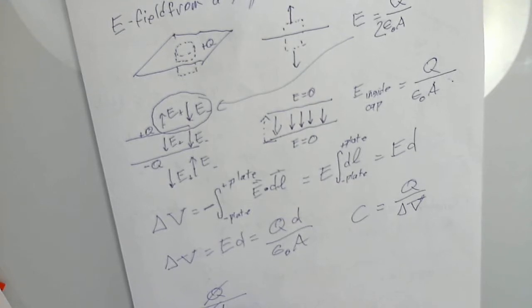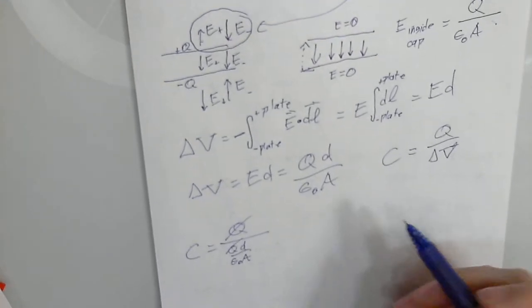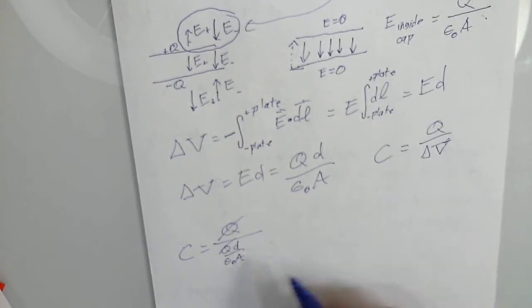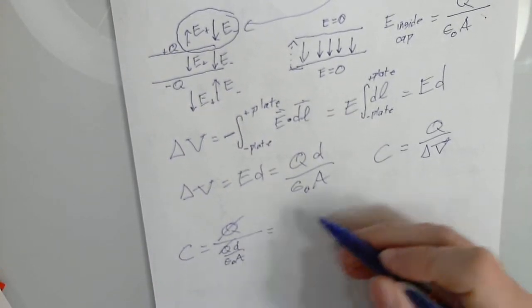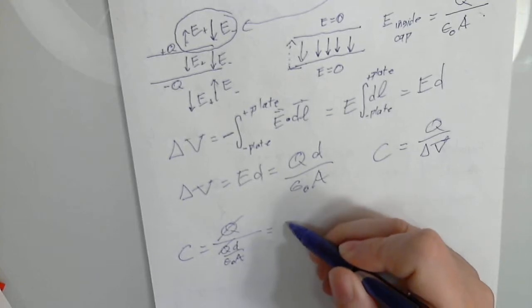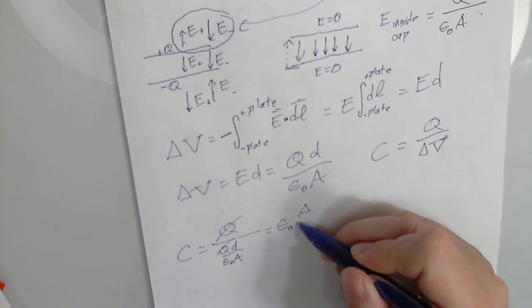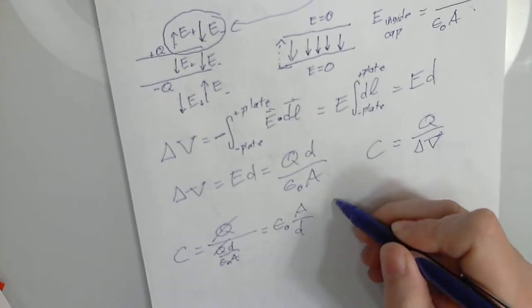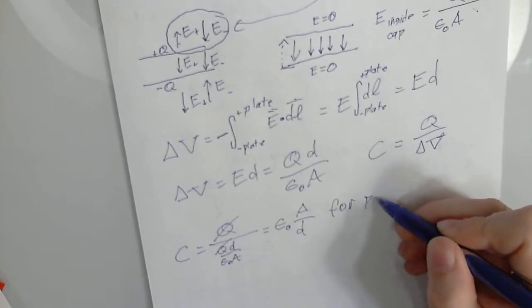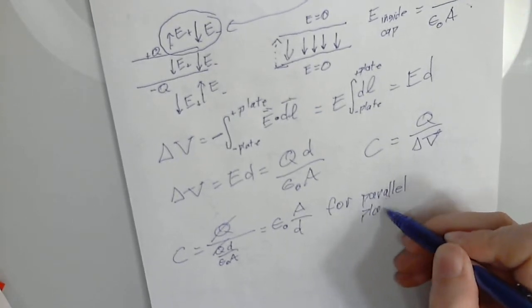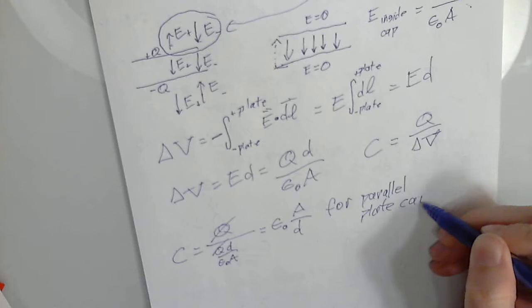All right, I can take this denominator of the denominator, flip it up into the numerator, and end up with the capacitance is equal to epsilon naught A over d for a parallel plate capacitor.